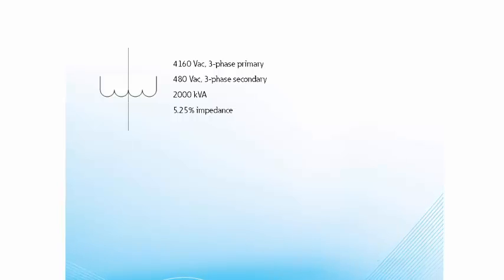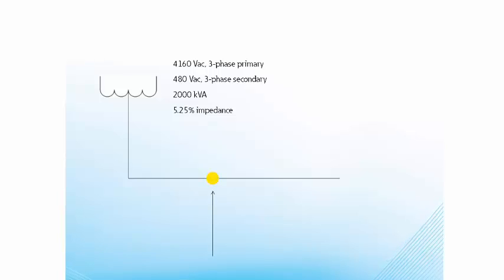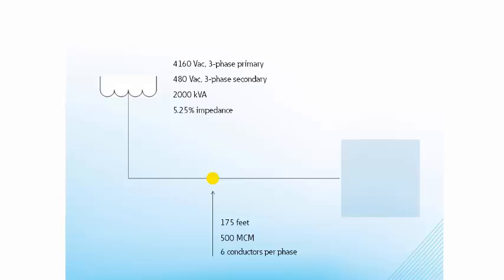After the transformer, we're going to first determine the fault current at the secondary of the transformer, right at the terminals. Then we will take a 175-foot run of 500 MCM cable, using 6 per phase to get down to a distribution panel, and calculate what the fault current is at that distribution panel.